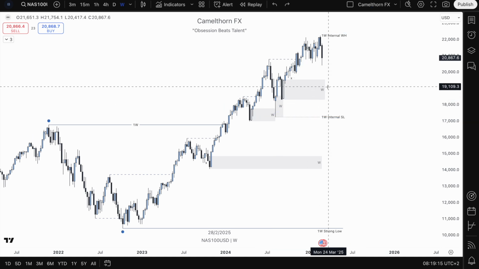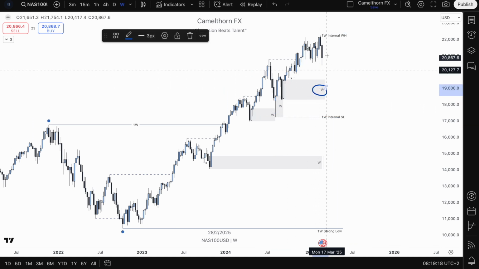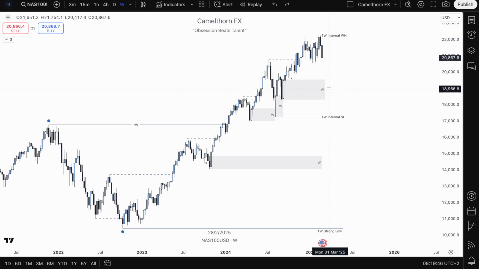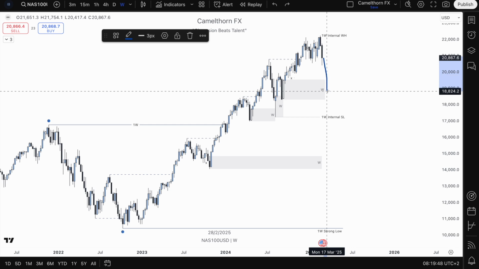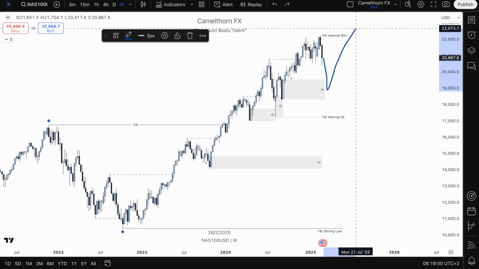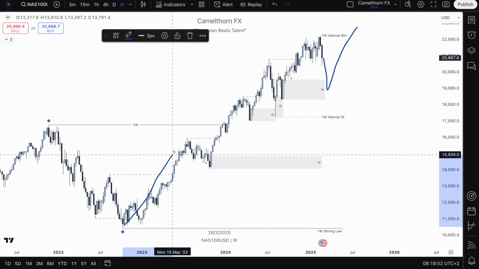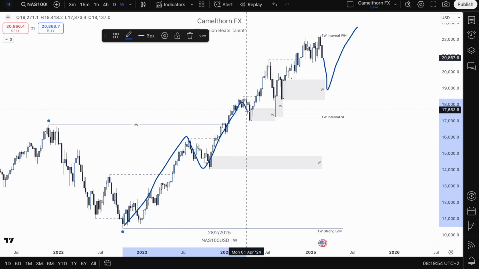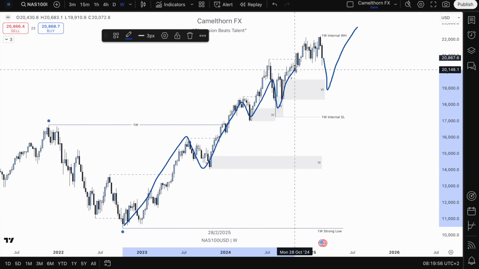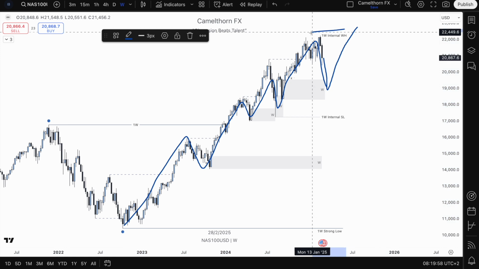And so not only is this the main sell target for the internal pullback phase, which has recently been confirmed, but it also represents a potentially high probability demand zone where we could see a resumption of our weekly impulsive phase should a mitigation occur before this internal weekly high is violated.